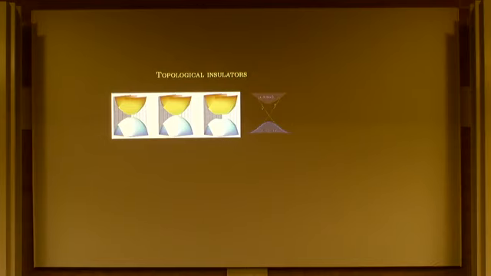And they're things that electrons are allowed to do on the boundary, which they couldn't do in the bulk of this material. And all this sort of checks out with experiments.